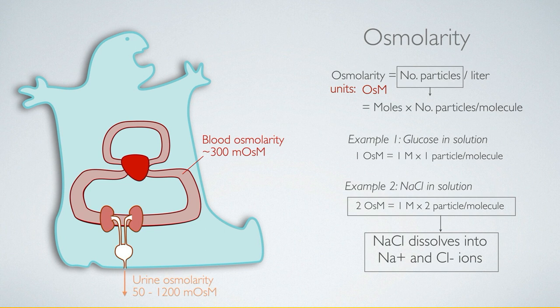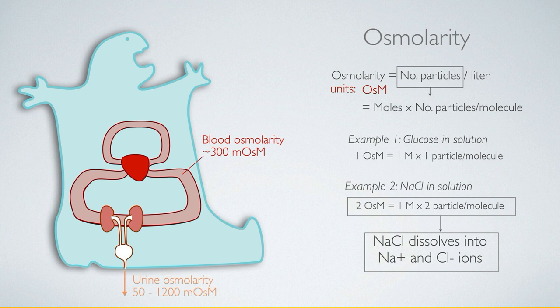It enters right into the bloodstream and then potentially dilutes all of the nutrients, the red blood cells, all of the good stuff that circulates in the blood. What the kidneys will do to compensate for that is to get rid of more water so that the osmolarity remains relatively constant.